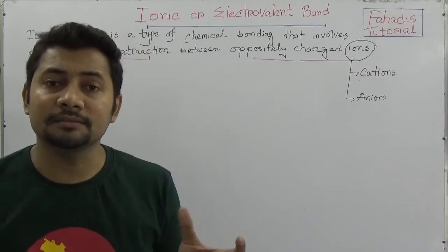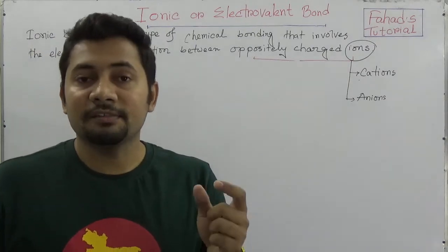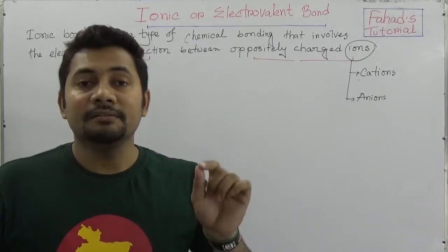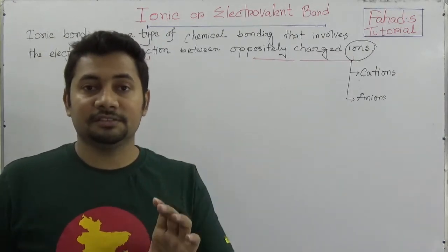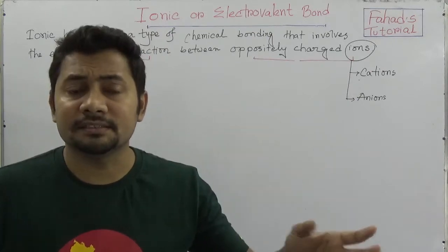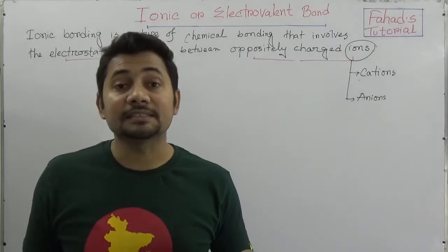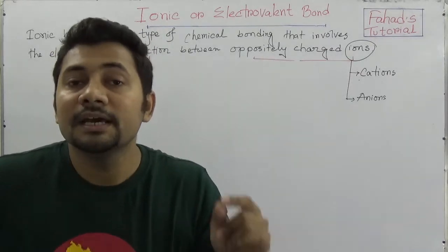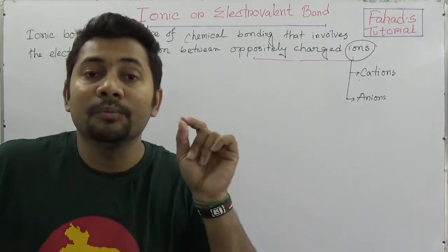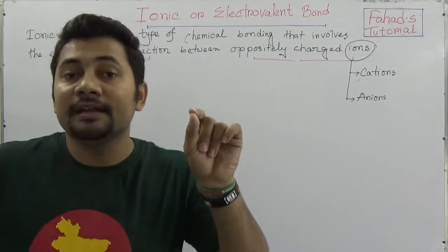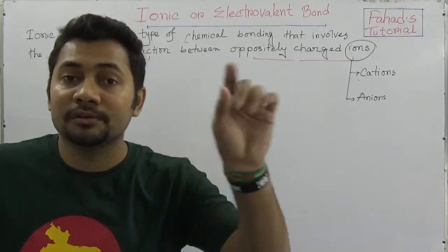When an atom becomes positively charged, as we know, usually in an atom there is an equal number of electrons and protons. Suppose in sodium, the atomic number of sodium is 11. It means the atom of sodium has 11 protons in the nucleus and 11 electrons in the shells.